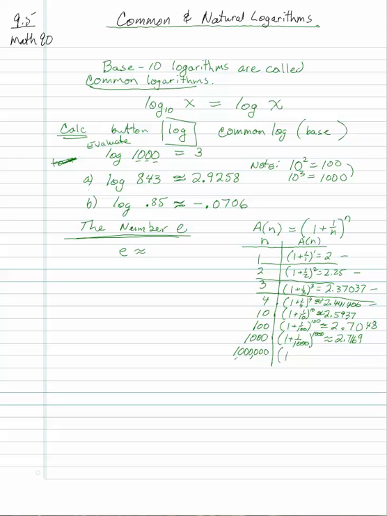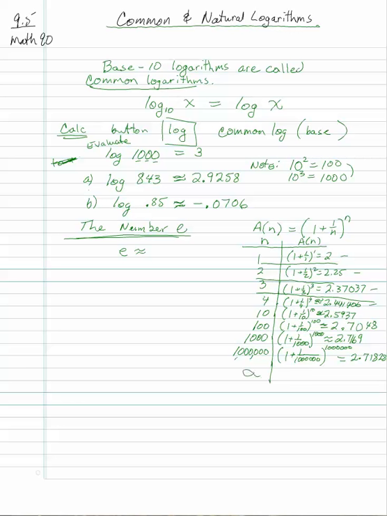And then if I keep getting bigger, let's do 1,000,000. Just to show you, 1 plus 1 over 1,000,000, to the million. That's going to be equal to 2.71828, which is a really close approximation to e.